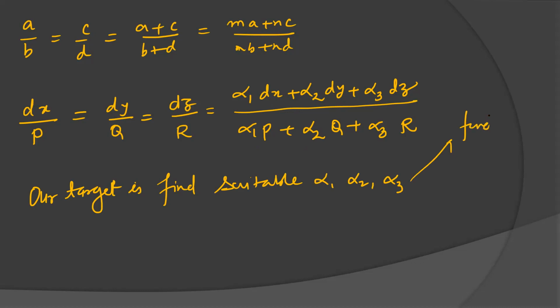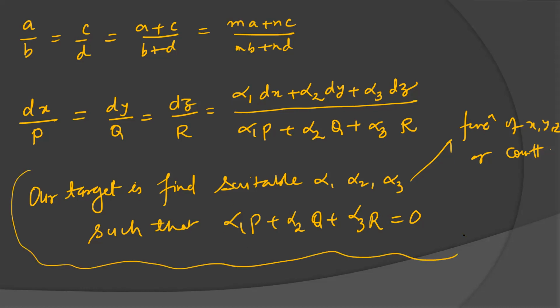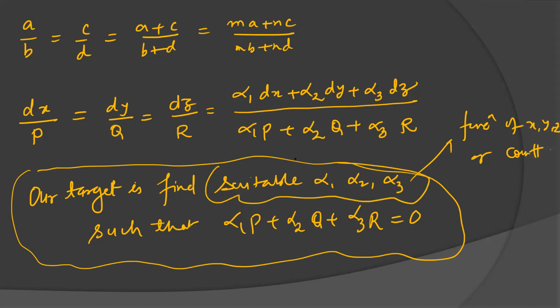These can be functions of x, y, z or some constants also, any value, such that alpha 1 P plus alpha 2 Q plus alpha 3 R is equal to 0. If this is equal to 0, we can take the numerator on the left-hand side and solve this expression. So our target is to find such alpha 1, alpha 2, alpha 3, that can be x, y, z functions or constants, such that alpha 1 P plus alpha 2 Q plus alpha 3 R is equal to 0. And suitable alpha 1, alpha 2, alpha 3 can be found by practice or the hit and trial method.